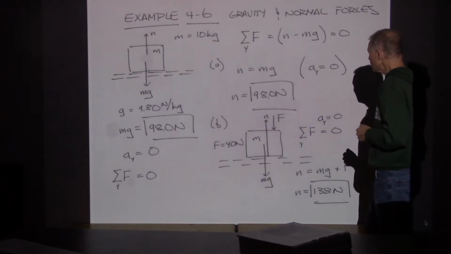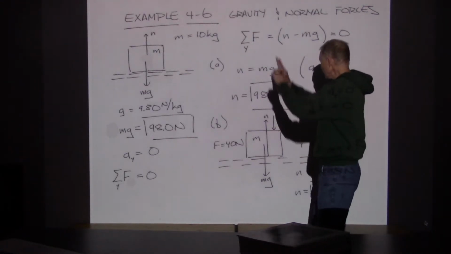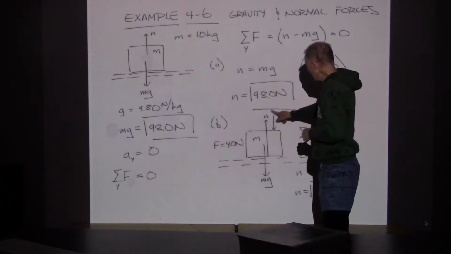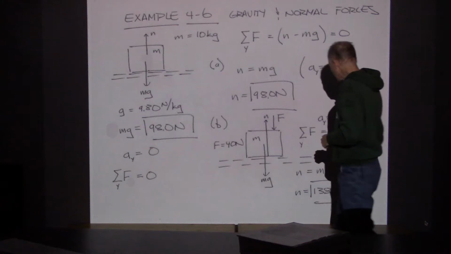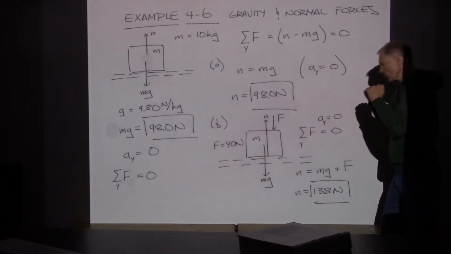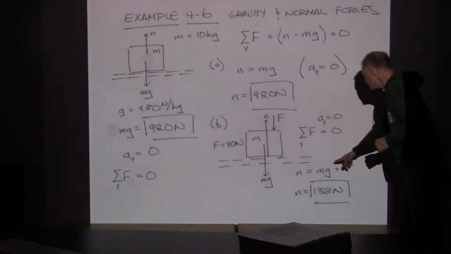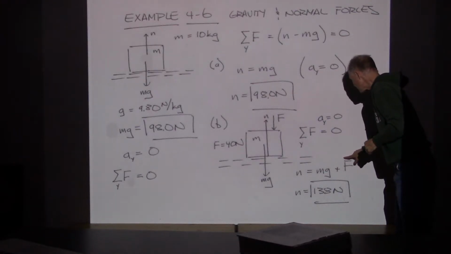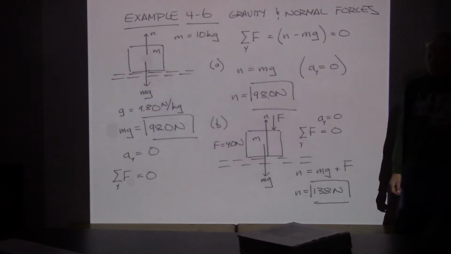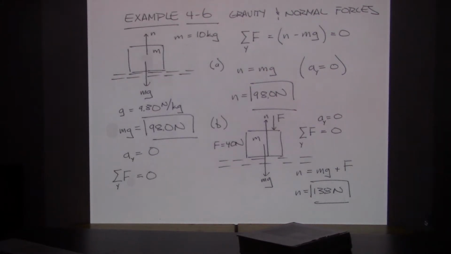When I look at the net force, I've got N upwards, I've got mg downwards, and an additional downward force. So the normal force, the contact force along the tabletop, needs to be equal to mg plus F. So when we push down with 40 newtons, the normal force is going to rise to a value of 138.